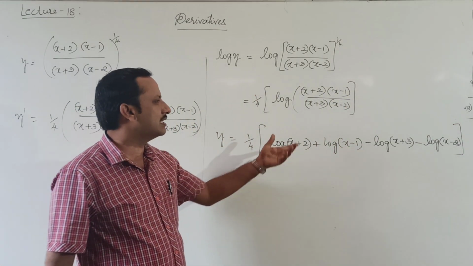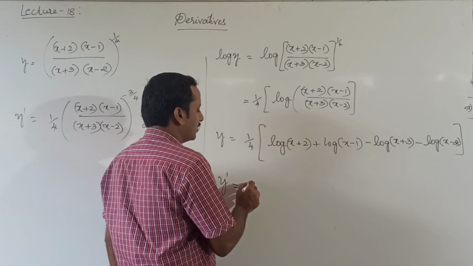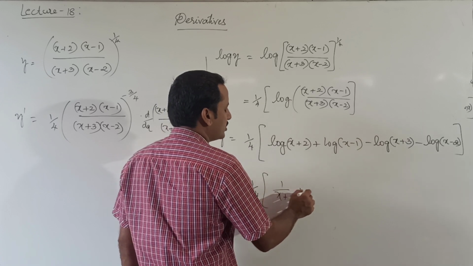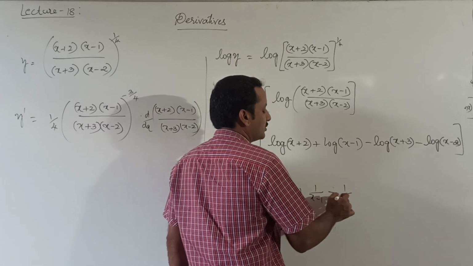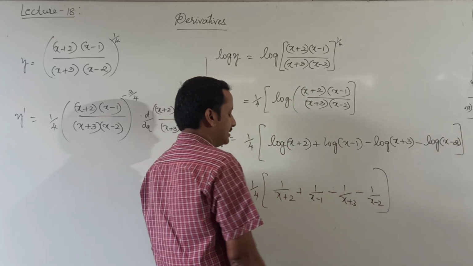Okay? So after all the simplification, this is what we did. Now differentiate this. y dash is equal to 1 by 4 into derivative of log x plus 2 is 1 by x plus 2 plus 1 by x minus 1 minus 1 by x plus 3 minus 1 by x minus 2. That's all. That's the answer.